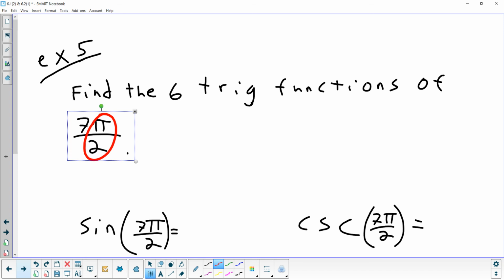What's 90 times 7? So remember, this part is 90, right?